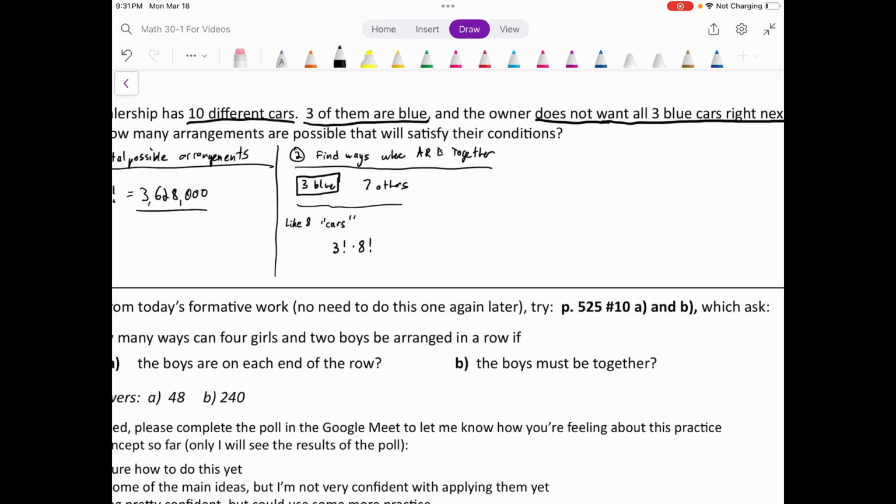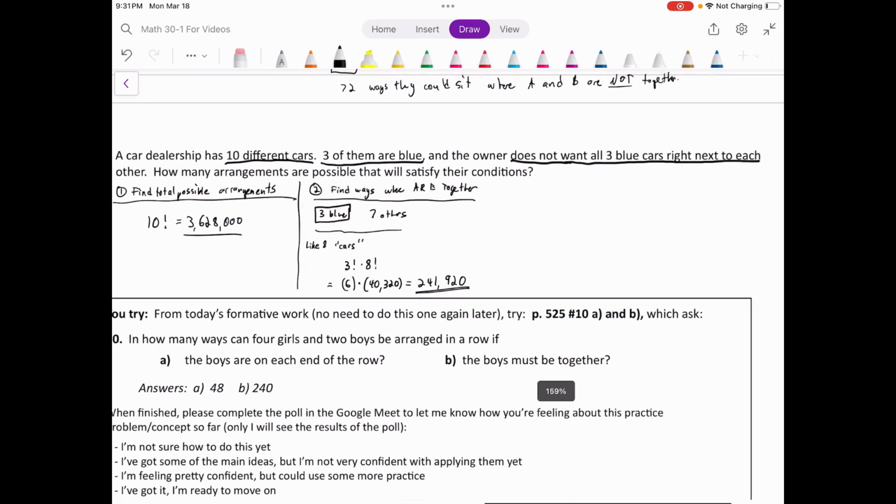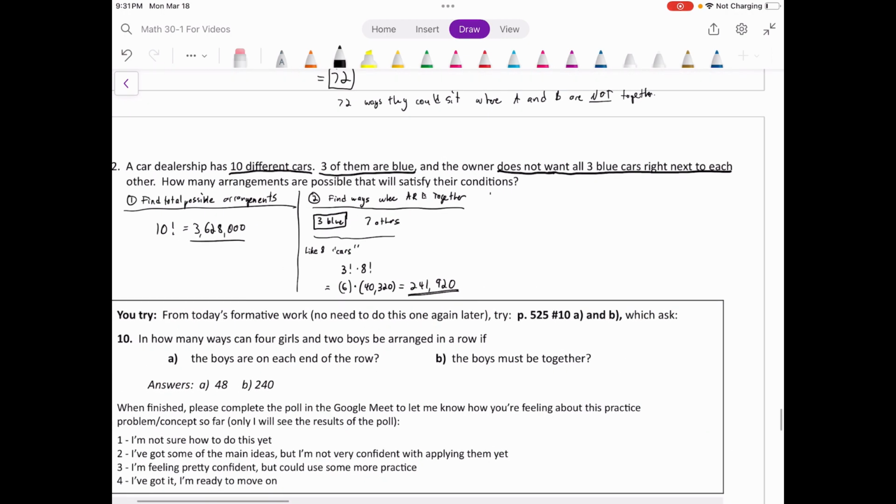Okay, so this is 6 times 8 factorial, which is 40,320, which gives us 241,920 ways where we could arrange the cars and the 3 blue ones would all be together, which is exactly what we don't want. We want to find all the arrangements where they are not together.